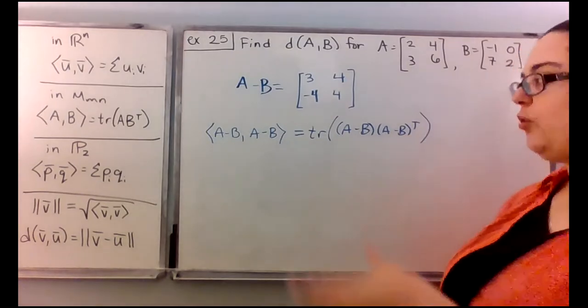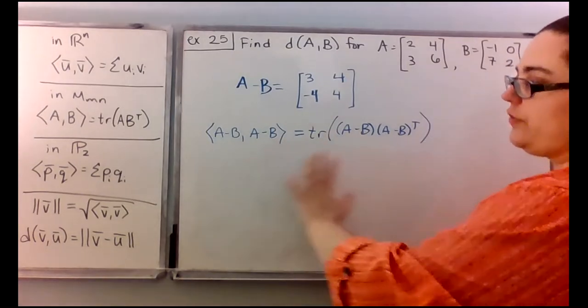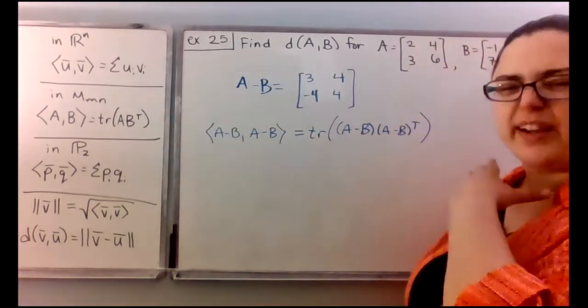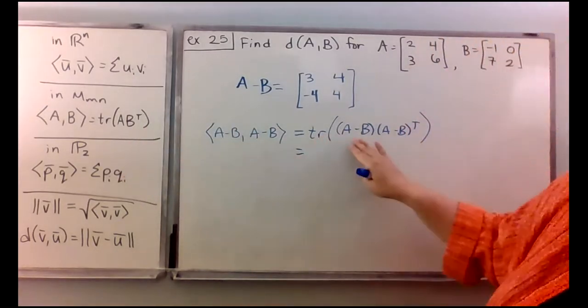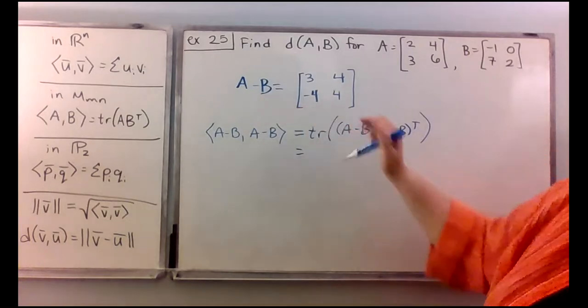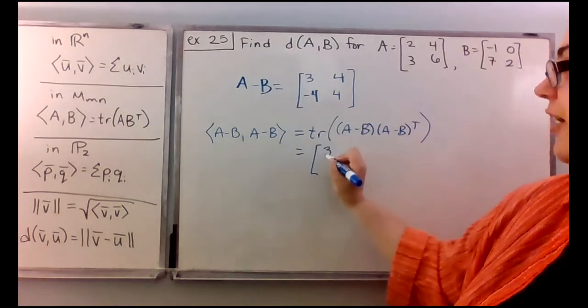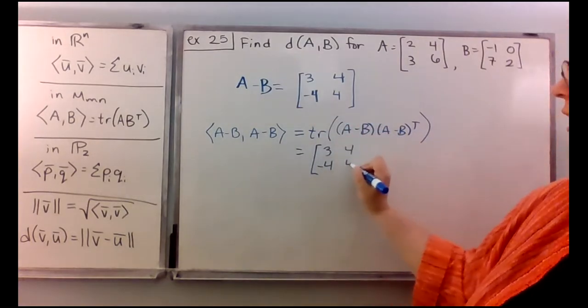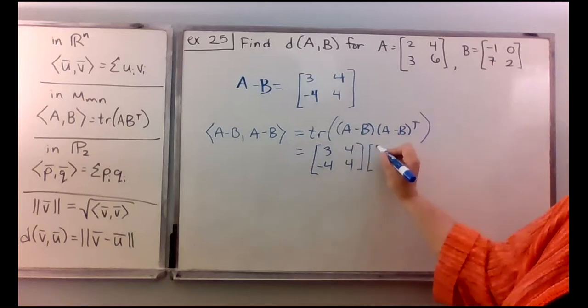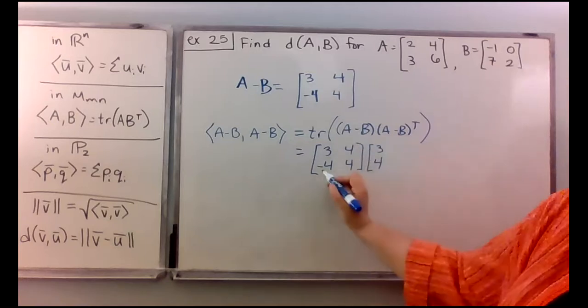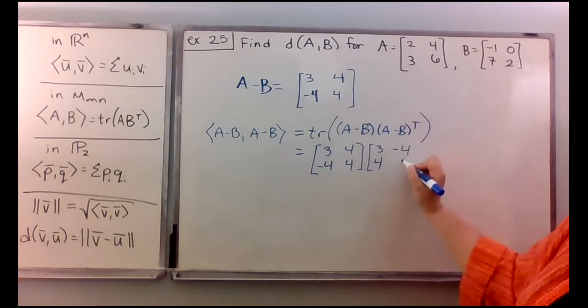Again, I'm just writing out what it is I'm going to be doing so that I'm comfortable with these definitions until they become like a part of my heart and soul. All right, and then so A minus B is this matrix we took some time to find. And then we're going to multiply it by its transpose. So 3, 4 now becomes the first column, and -4, 4 becomes the second column.